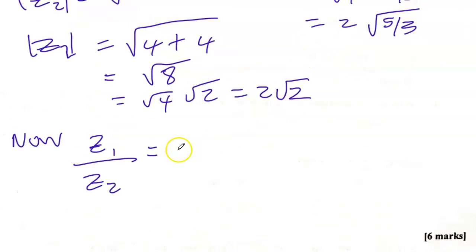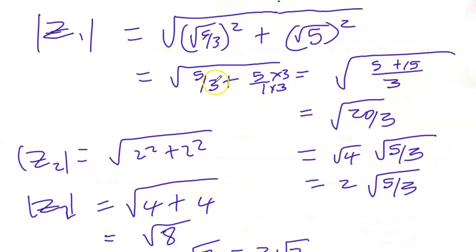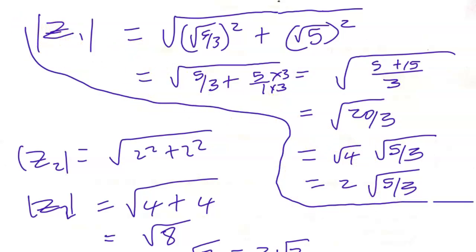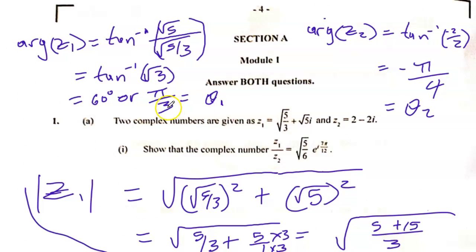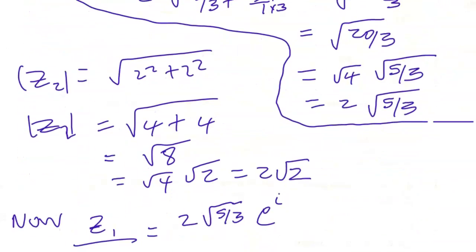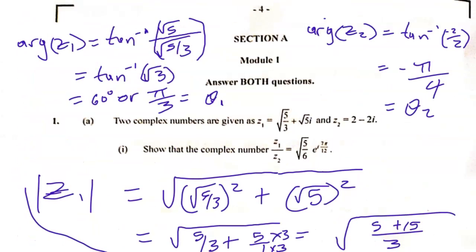The radius of z1 was 2 times root 5 over 3, I'm going to separate it. So z1 is 2 root 5 over 3 e to the i theta 1, that's the argument of z1, which we found to be pi over 3, over the radius of z2, which was 2 root 2, e to the i and the argument of z2, which we found to be negative pi over 4.